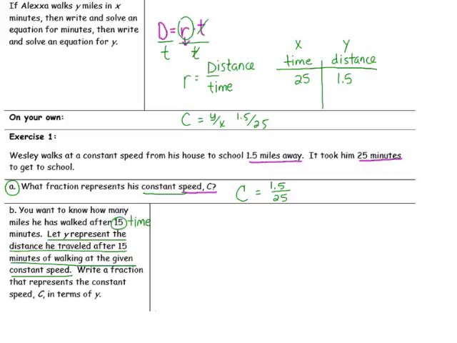The constant speed is equal to, remember, y over x, where y is the distance and x is the time. After 15 minutes, and it says to let y be the distance. So y will be our numerator.